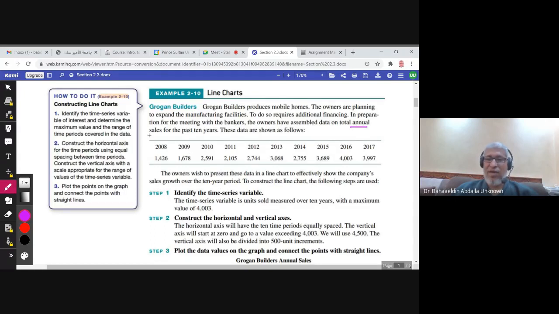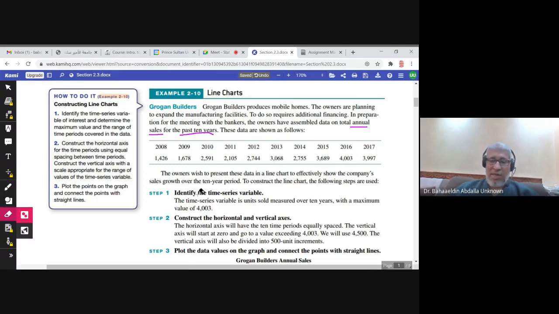So this is the variable of interest, total annual sales for the past 10 years. And this is the time. It is each year for 10 years. So in 2008, the total annual sales was 1,426 and so on. Each year, this is the total annual sales. So this would be on the x-axis, and this would be on the y-axis.